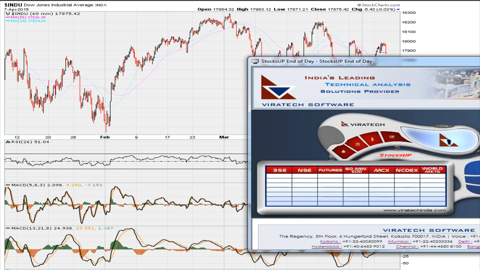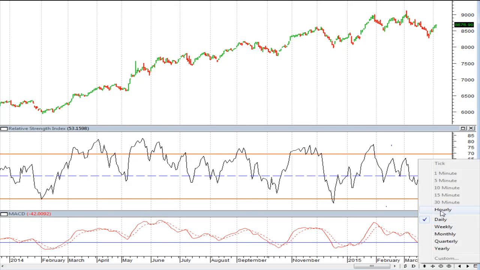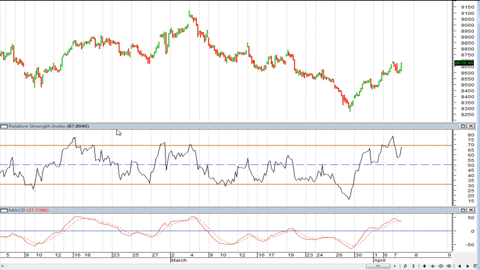So let's go back to the Nifty. If we take a look at the hourly, this is how the chart looks. A couple of things here: if I draw a line, and I did this earlier, it's very interesting to observe that this line connecting this low and this low, if we extend that line, we get a lot of information actually.